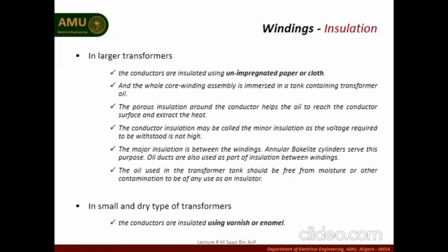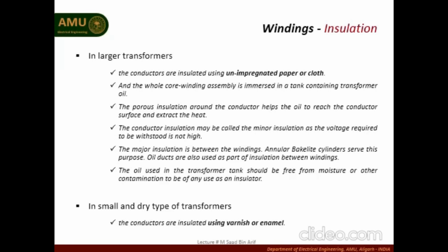The conductor insulation may be called minor insulation as the voltage required to be withstood is not high, whereas the major insulation is between the windings. The oil used in the transformer tank should be free from moisture and other contamination.